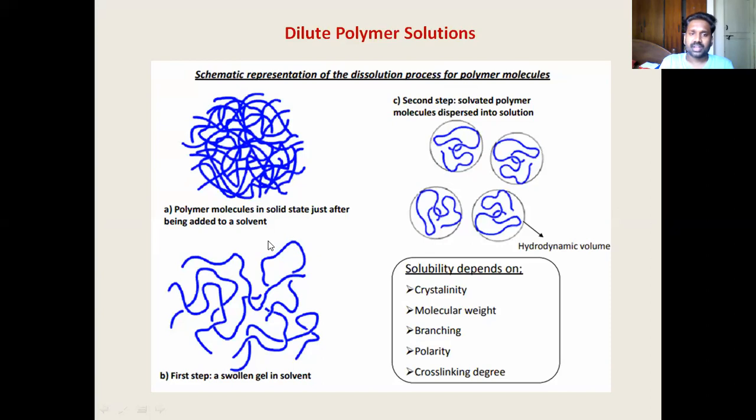Also, inside the polymer matrix, the solvent molecules diffuse. It's also important because, due to the huge size, it's almost like a three-dimensional network inside.